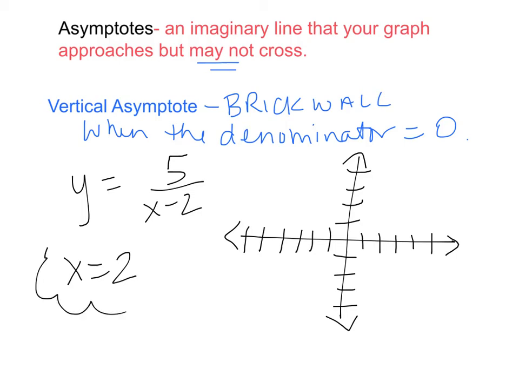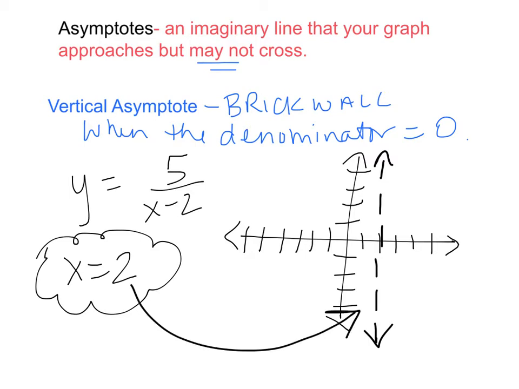The equation of a vertical line is x equals some number. So if I want to find my vertical asymptote at that value, I'm going to go over to 2, and I'm going to make a dashed line. And that is my vertical asymptote. All right, that's it. So I just have a vertical asymptote. I'm not really sure at this point what the rest of my graph does, but it approaches and does not cross. Okay, let's look at some other types of asymptotes.